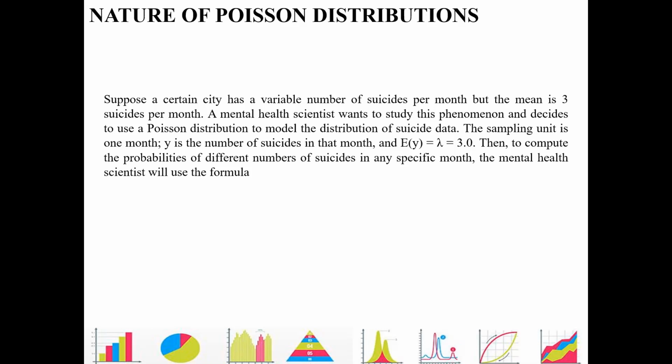Since discrete nga ang ating condition sa Poisson distribution, we're looking for the probability for every month kung ilan yung magiging suicide given a number of average.